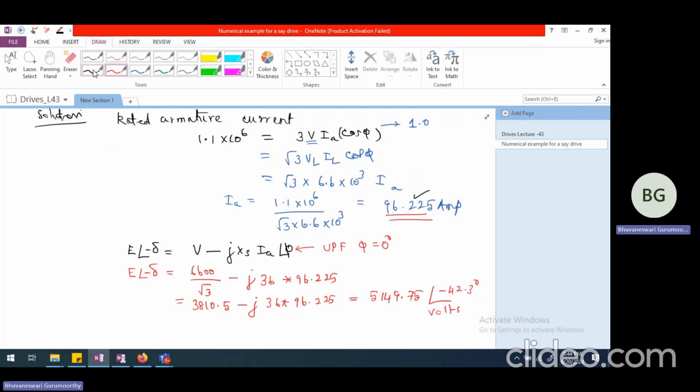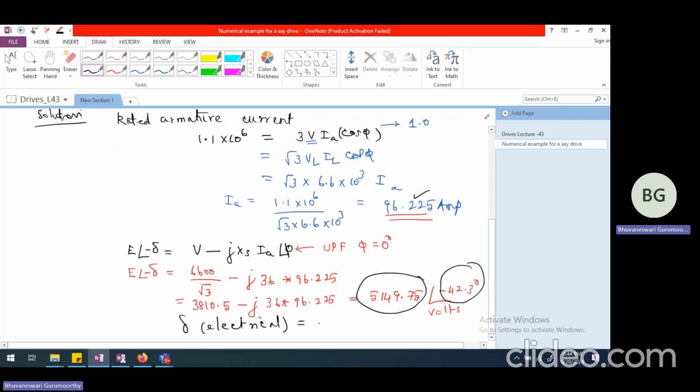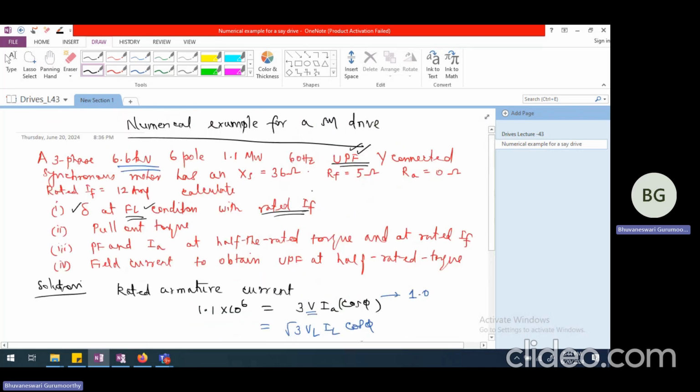Now, in this, whatever is here, that happens to be delta, and this is the magnitude of E. And this delta is given here as the electrical value. So delta electrical is minus 42.3 degrees. If I want delta mechanical, please note this happens to be a 6-pole machine.